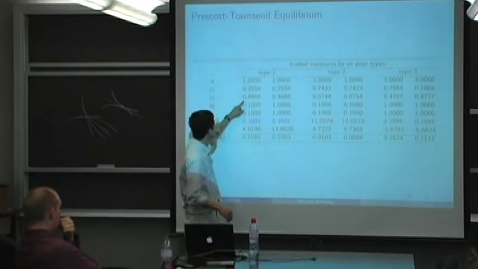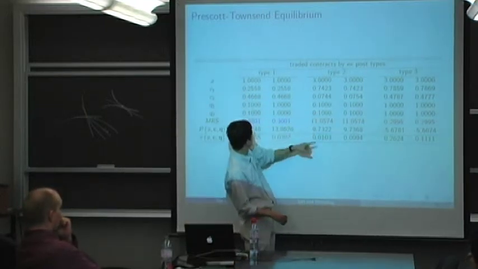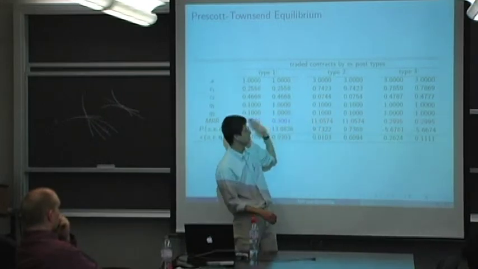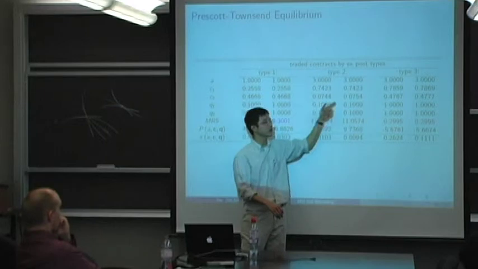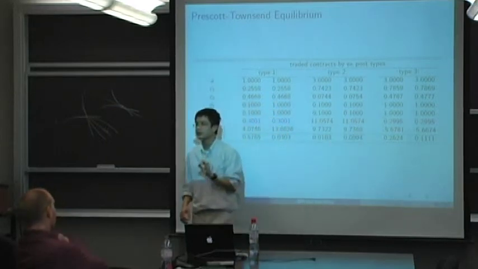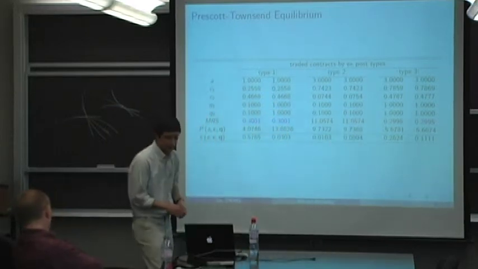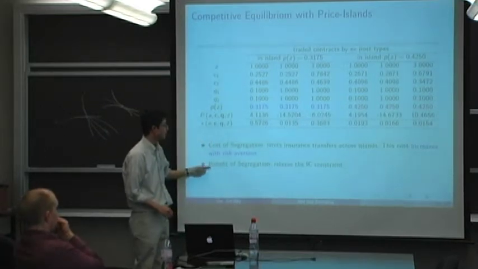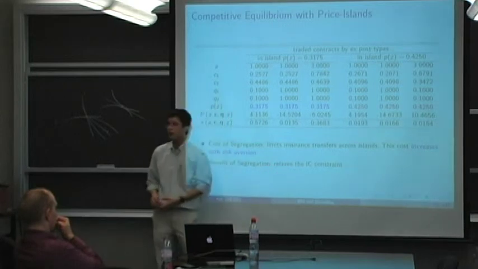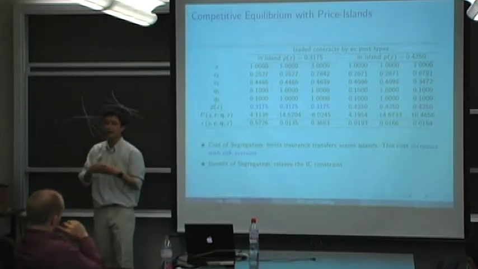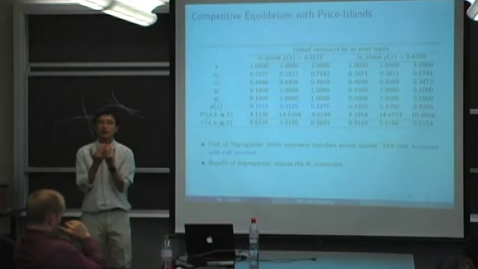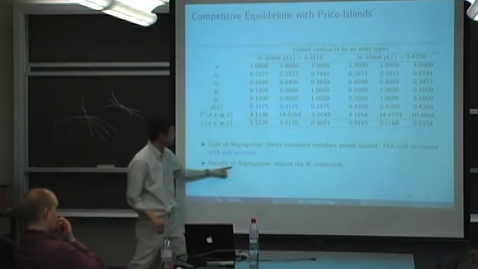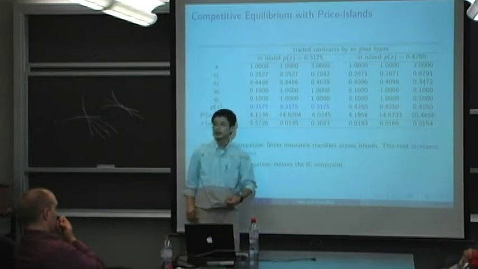This allocation requires transfer from this guy to this guy or vice versa. I'm not totally sure about that, but some transfer has to happen across types. Therefore, segregating them that way is not going to be possible. But at least we learned that by doing so, the incentive constraint is going to be less binding, more relaxed compared to what we have with retrading. That's why the benefit is about relaxing the IC constraint.